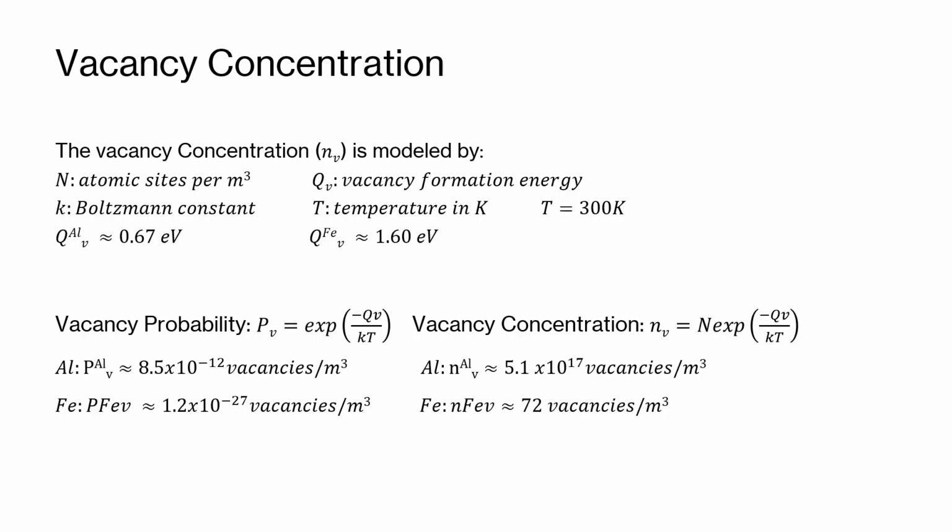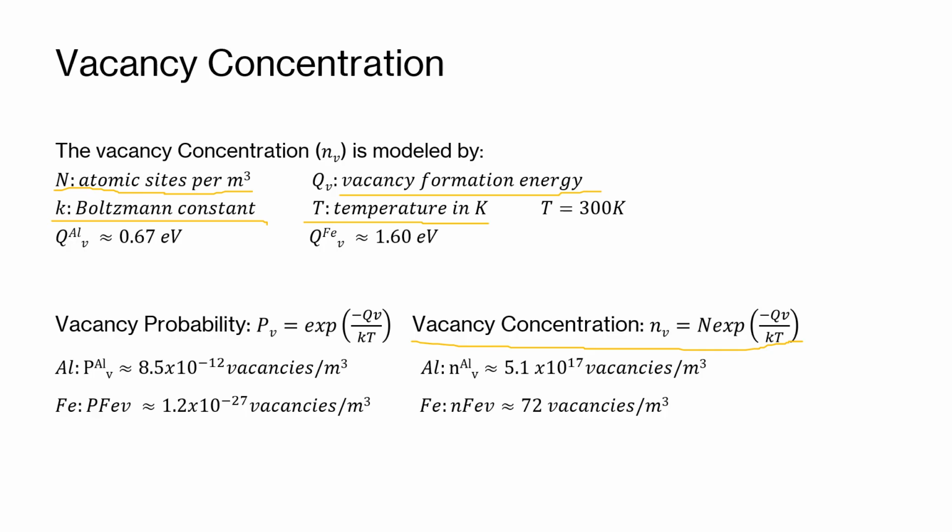Looking at the graph, we see our formula: N equals N, our atomic sites per meter cubed, multiplied by e to the negative Qv, our vacancy formation energy, divided by k, our Boltzmann constant, multiplied by T, which is temperature in Kelvin.